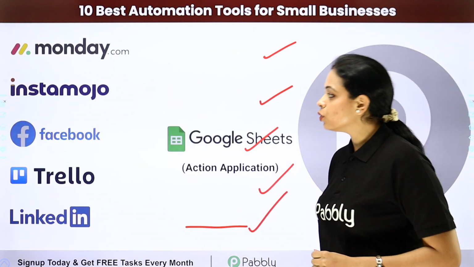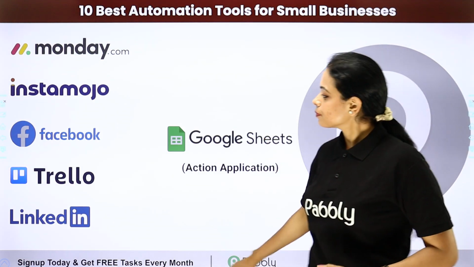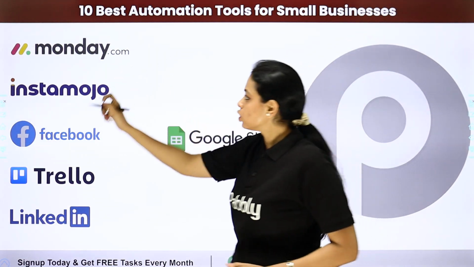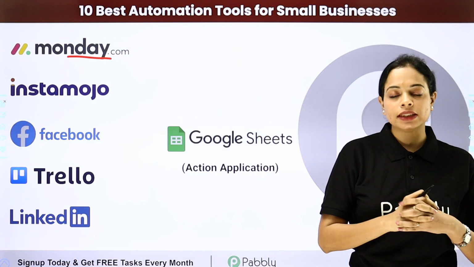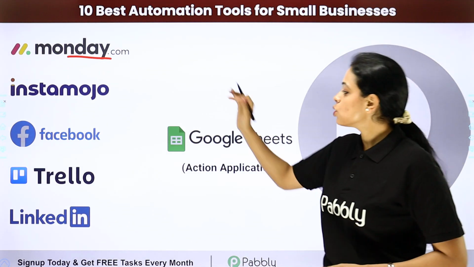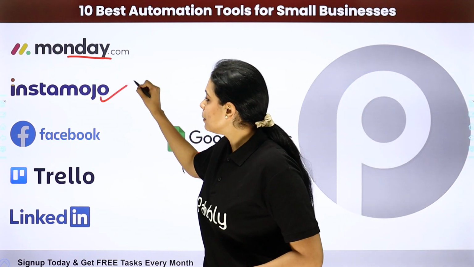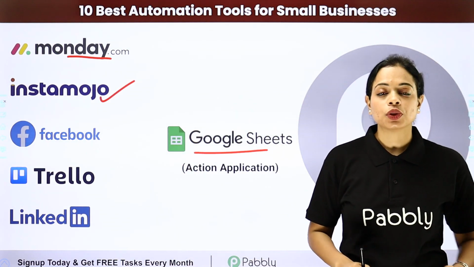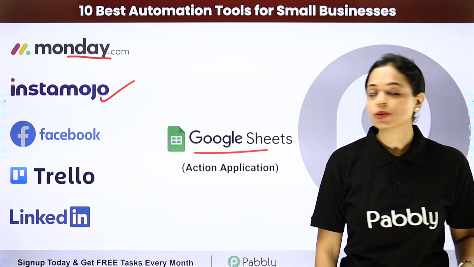Now let's talk about Google Sheet as an action application. So here, every time you have received new data on monday.com, which is a project management software, right? Automatically the details would be shared on Google Sheet. As soon as a payment is made on InstaMojo, the details of the payment along with the user details can be shared on your Google Sheet.